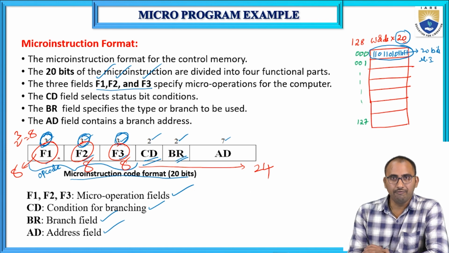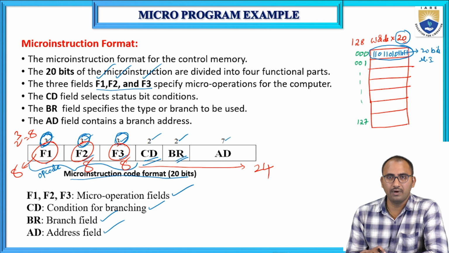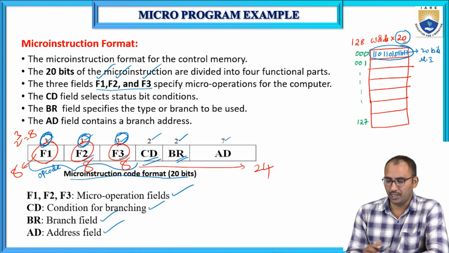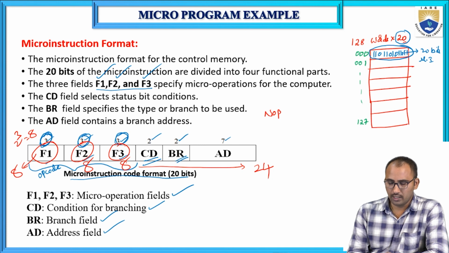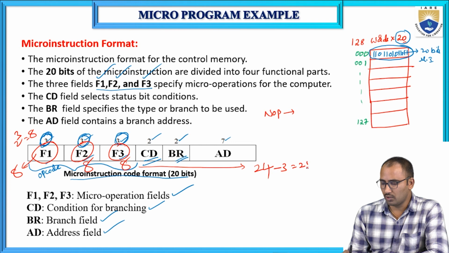But in every field, the first micro operation is a NOP. NOP means no operation. So in the 3 fields, the first micro operation is a NOP, which means 3 NOPs are there, so we are not using 3 micro operations. So 24 minus 3 is equal to 21.